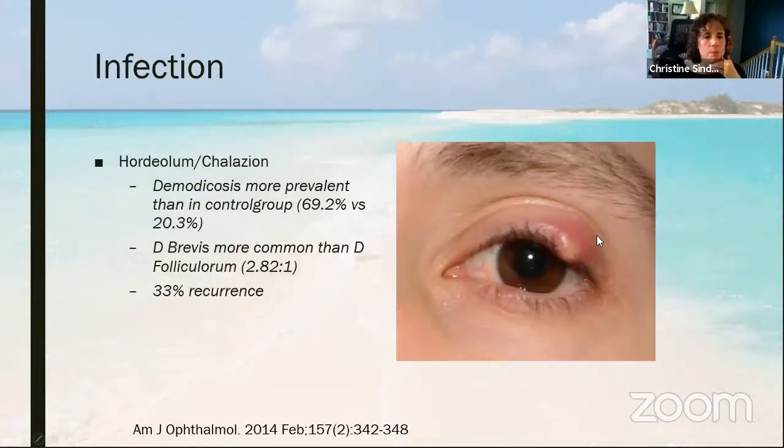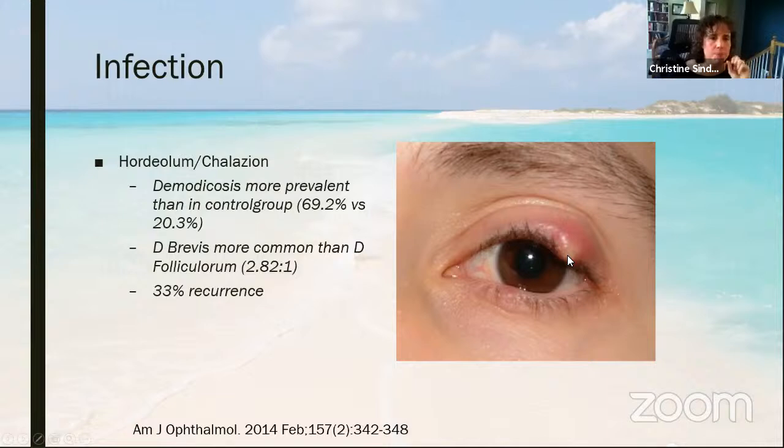And you can have these, I've mentioned, we talked about these hordeolum or these chalazion that can actually be in the gland itself. And this is where the next part of my talk is going to segue to, this idea of infection on the surface. About 70% of patients that have chalazion or hordeolum have also been documented to have concomitant Demodex on the surface of their eye.